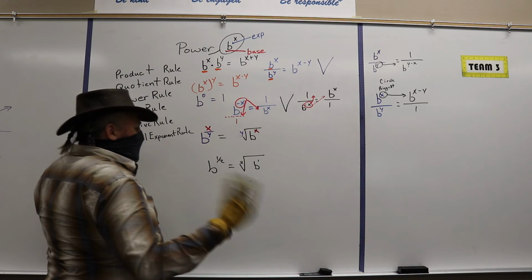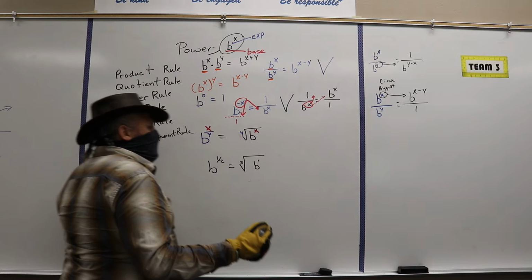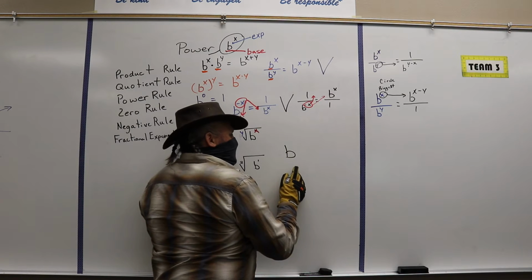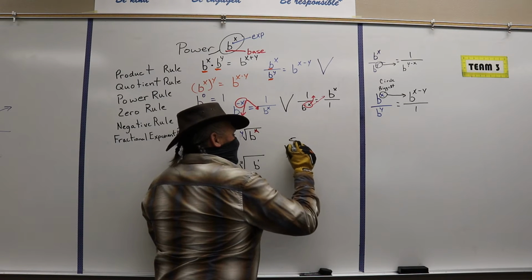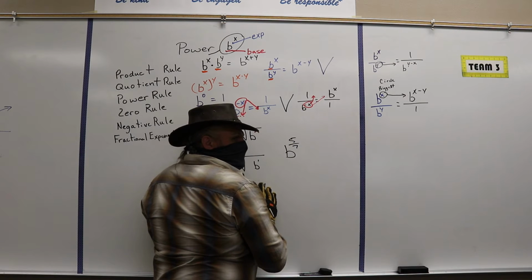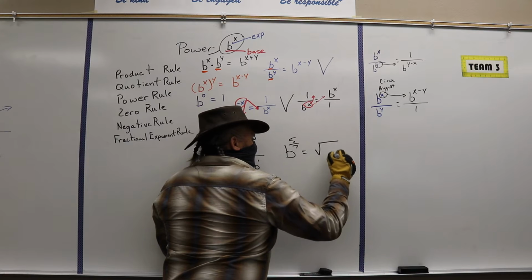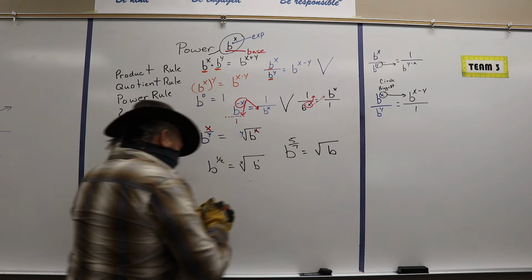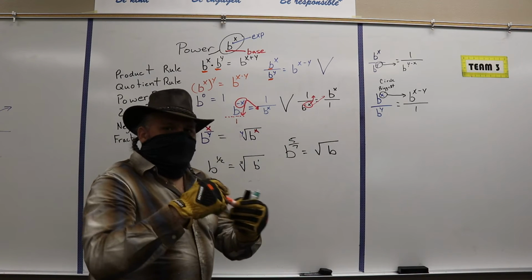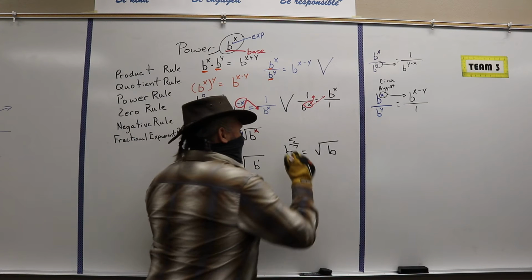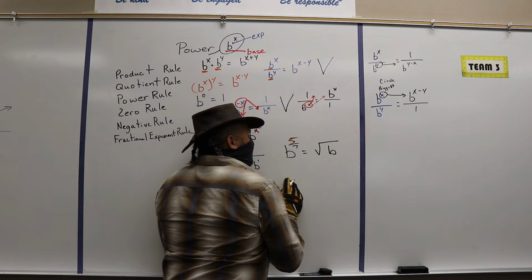So let's give a quick example. b to the 5/7 is equal to what? Well, there's a root here and there's a b. So let's change that color of 5. Where does this 5 go?